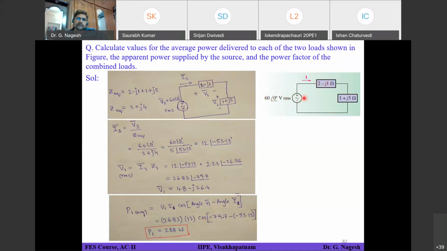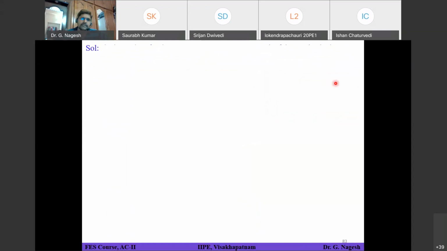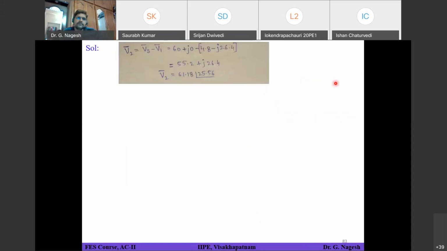Simply you have to apply KVL. Source voltage minus this voltage V1 should give you the V2 value. So you got 61.18 at an angle of 25.56. This will be your V2.